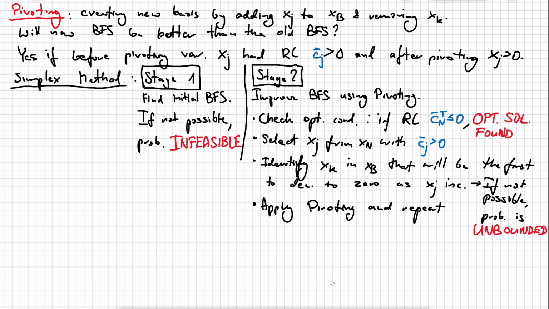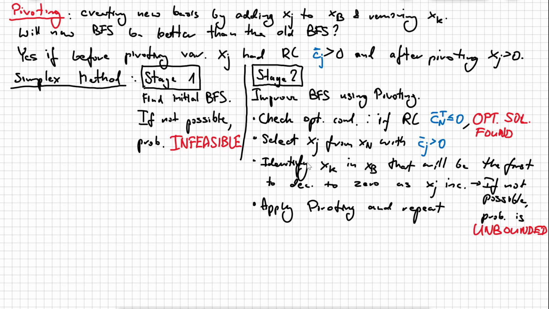This is the case where the problem is unbounded, and I hope you can see now that the simplex method can find in the first stage that the problem might be infeasible if no basic feasible solution can be identified. In the second stage, if after some iterations of the simplex method we find that all reduced costs are negative or 0, we have an optimal solution.